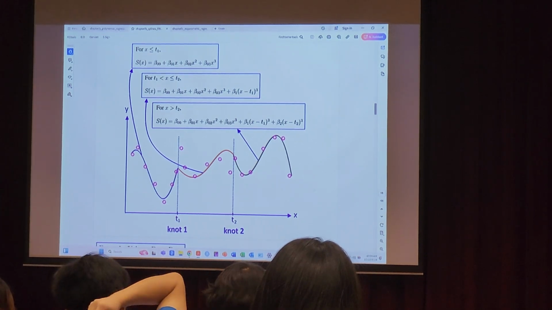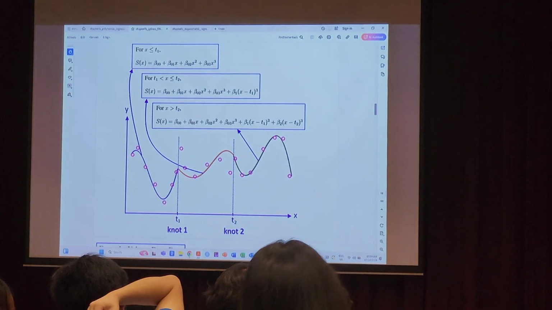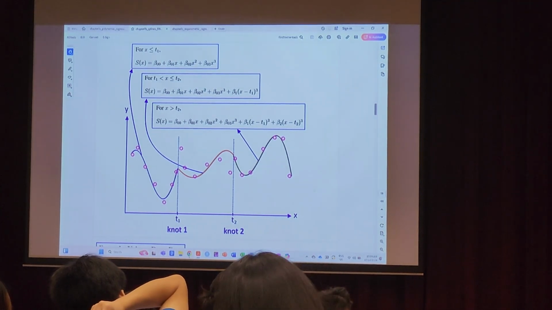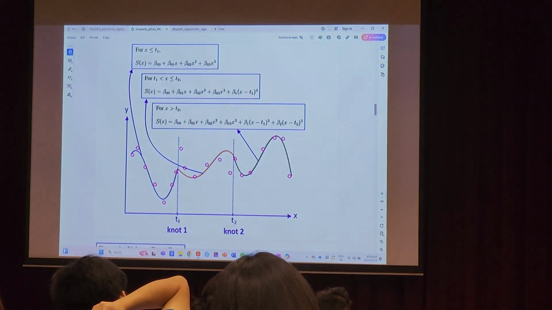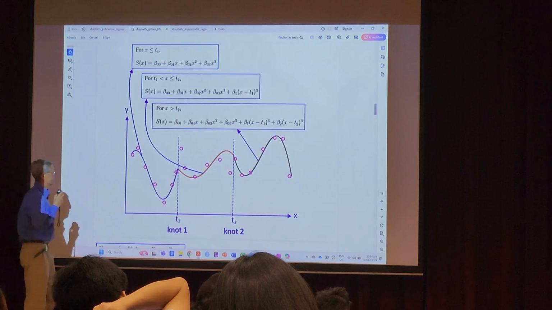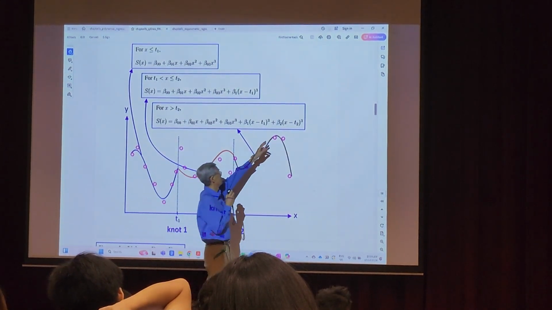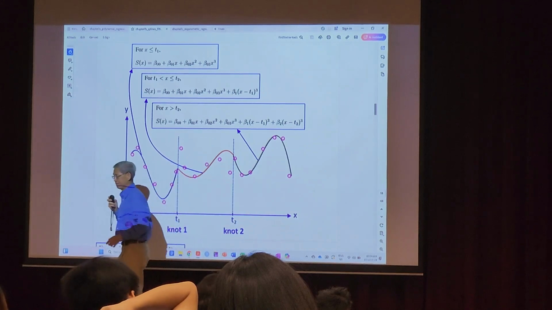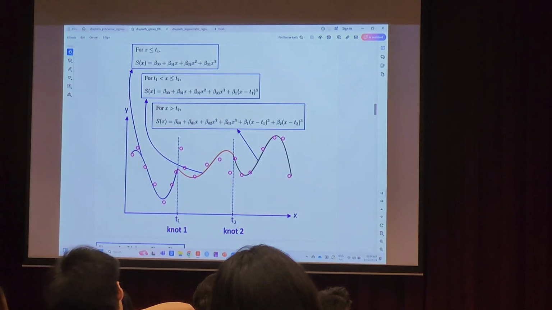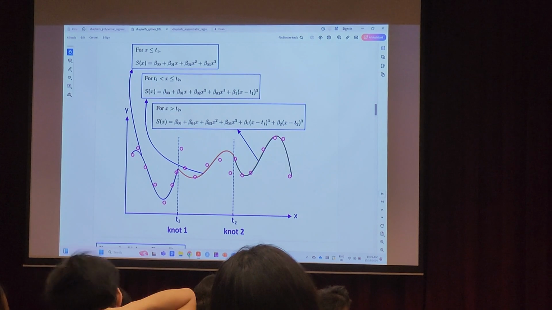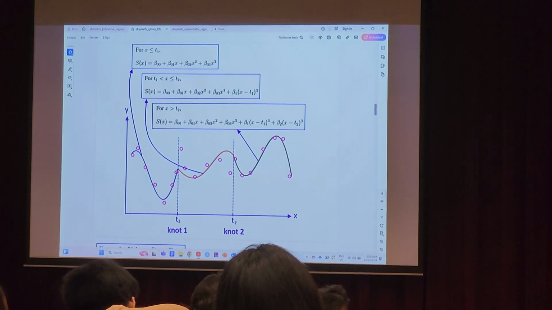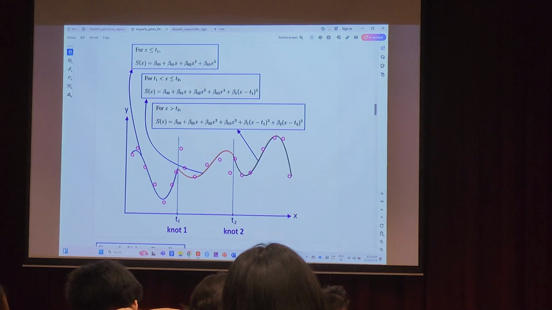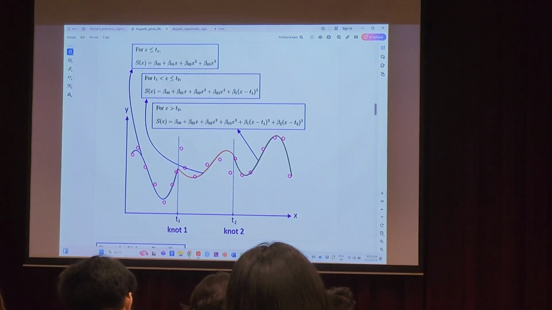And then the third segment, I have another cubic component added right here. And the way I define this model is that they'll be forced to be continuous at the 2 nodes. So that's what we have.